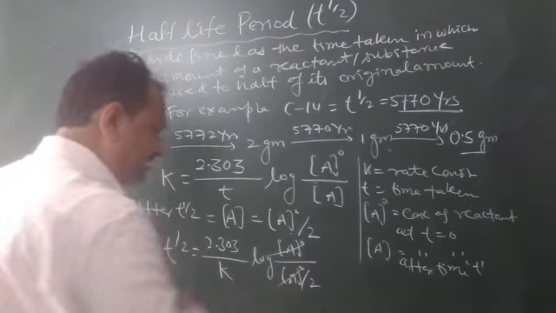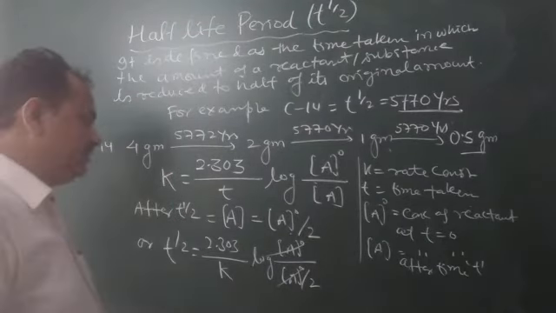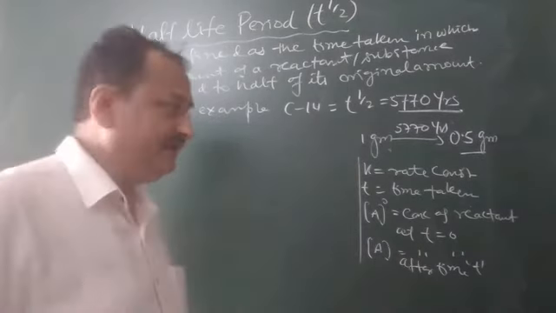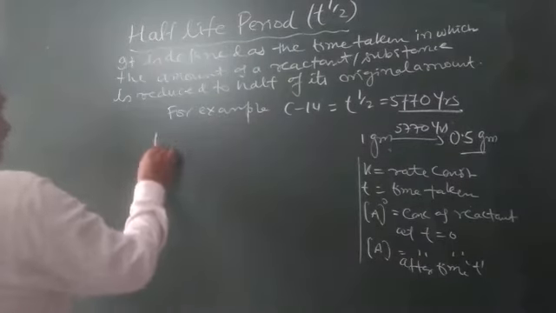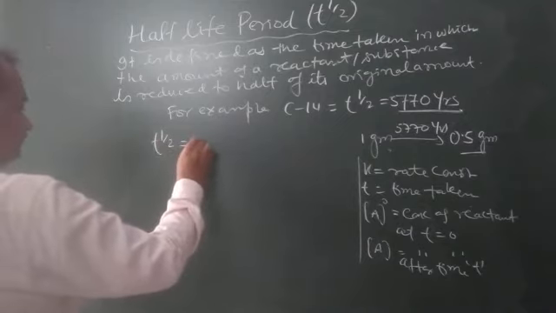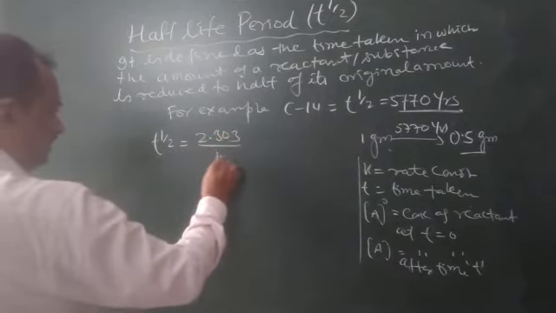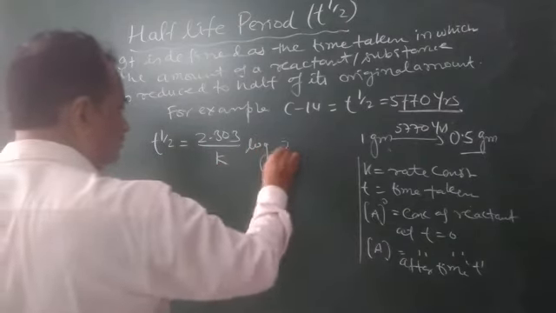So the A naught will be cancelled out. Finally, we have T half is equal to 2.303 upon K log 2.